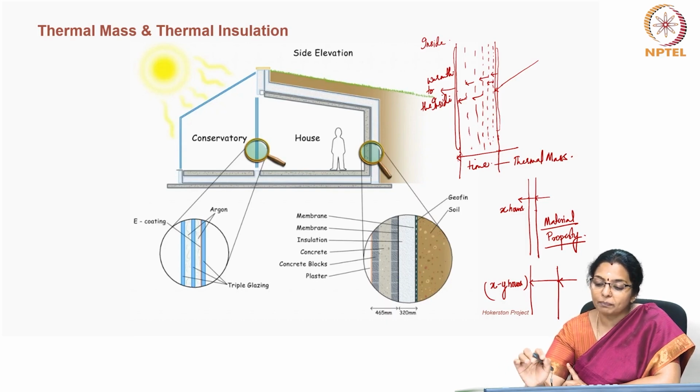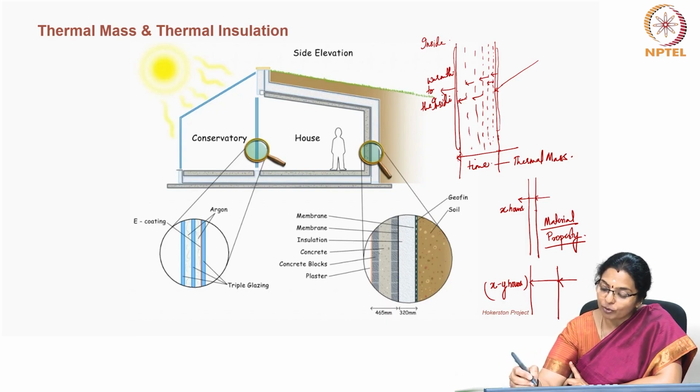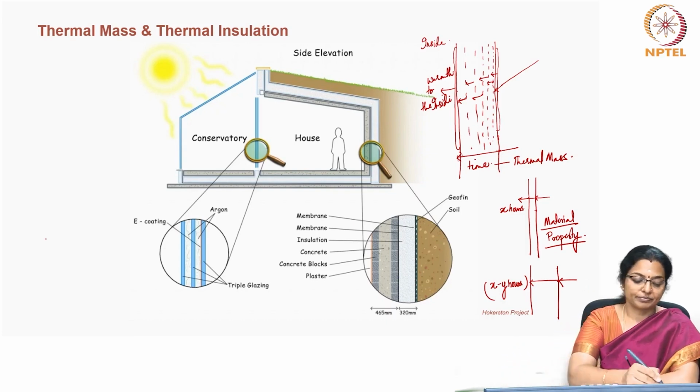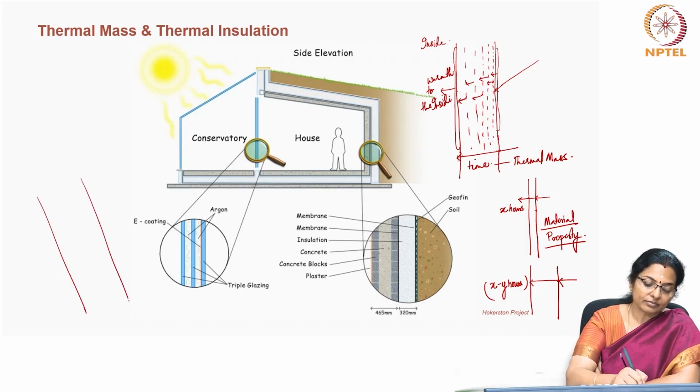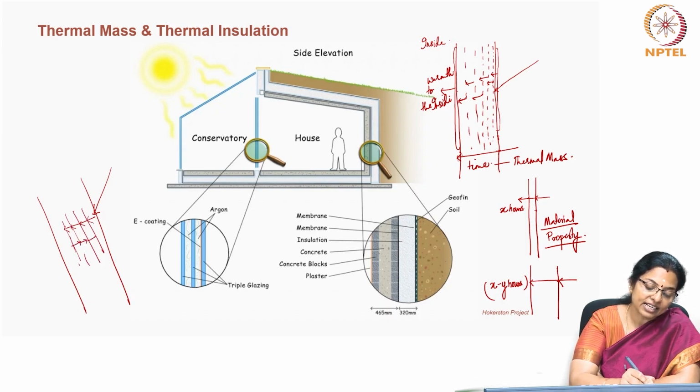You can even prevent the heat from reaching the inside. By the time the heat gets transferred to this layer, the outside becomes cool and the reverse heat transfer starts happening.